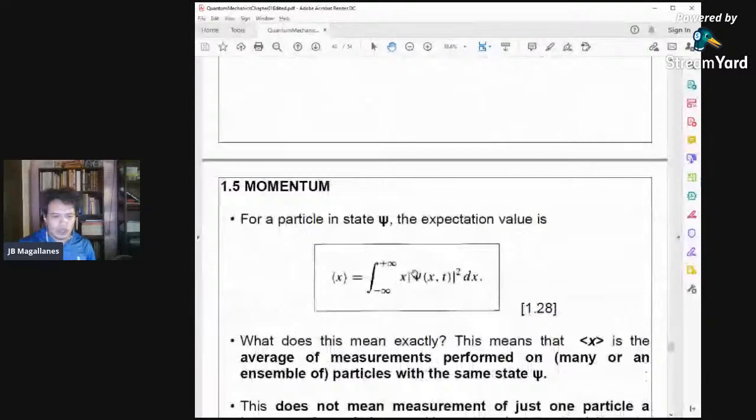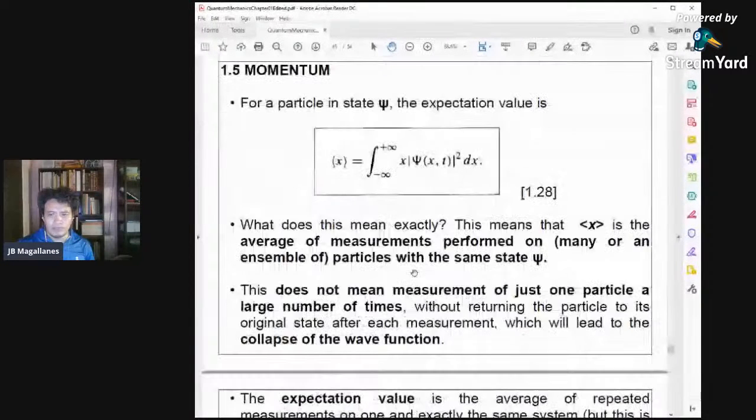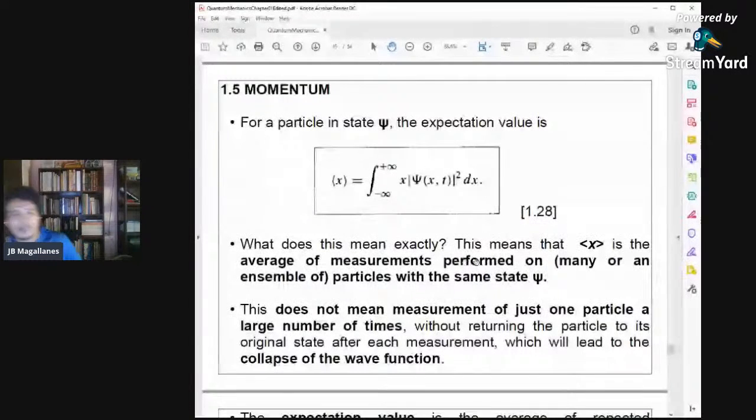Now we go to momentum. In quantum mechanics, we have position, we have momentum, but there's no such thing as velocity in quantum mechanics.